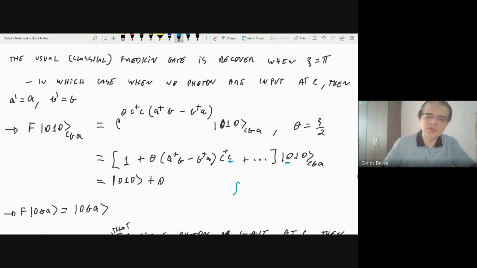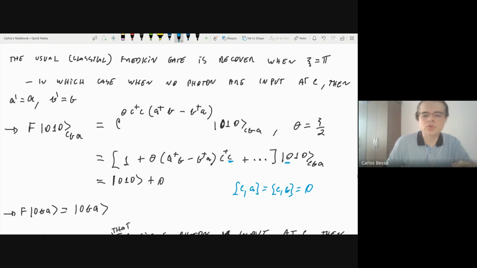Because C A and C B commute, I can do this, okay? Because they act on different modes. So I could have put this here and made the calculation for A, B, but when I make the calculation for C, the result will be 0. So that's why we will have something multiplied by 0. And that's why I make first the calculation for C, because it's 0. So it doesn't matter what the calculation for A and B gives.